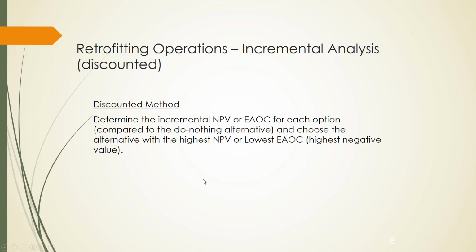What if we wanted to do these using discounting? Well, we can do these again. Any of the techniques should be equivalent, but we're going to be doing it on the increment. We could do this with net present value or the equivalent annual operating cost. Always we're going to consider the do-nothing alternative, and we're going to choose the one that has the highest net present value or the lowest operating cost.